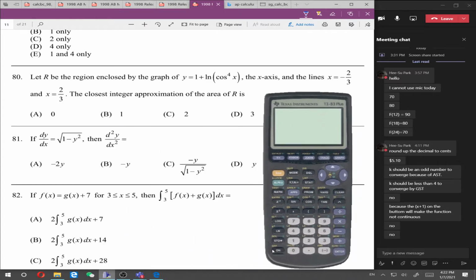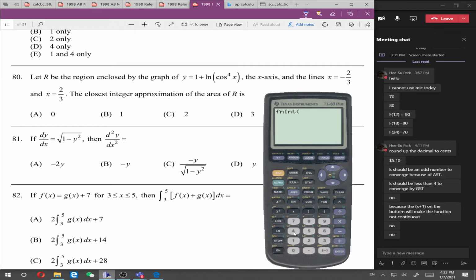Integral. Okay. Integral negative 2/3 to 2/3.